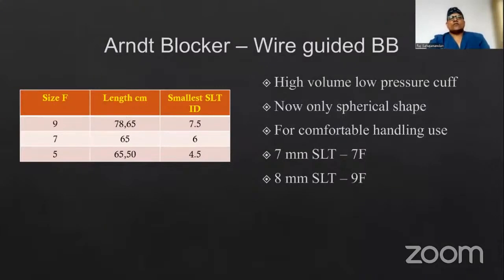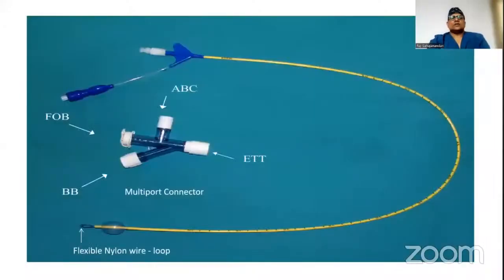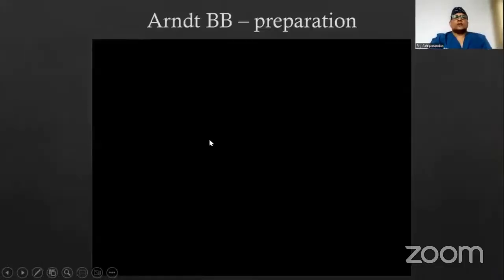For a comfortable passage, you need a 7mm tube for a 7 French and an 8mm tube for a 9 French. The mechanism is a flexible nylon wire loop, and you have an ARN multi-port adapter. This is for the breathing circuit, this is for the fiber optic, and this is for the bronchoscope, and this gets attached to the endotracheal tube.